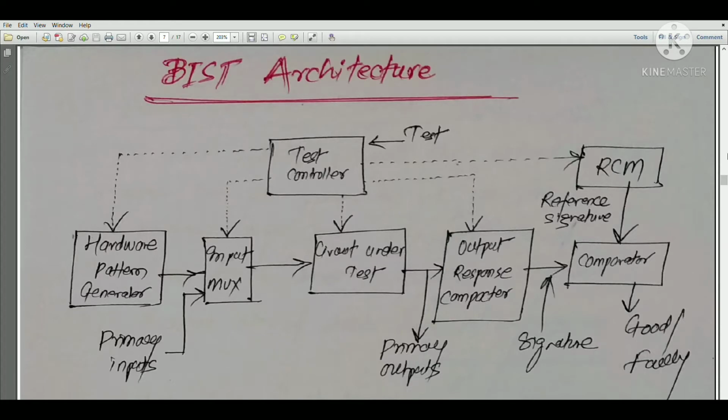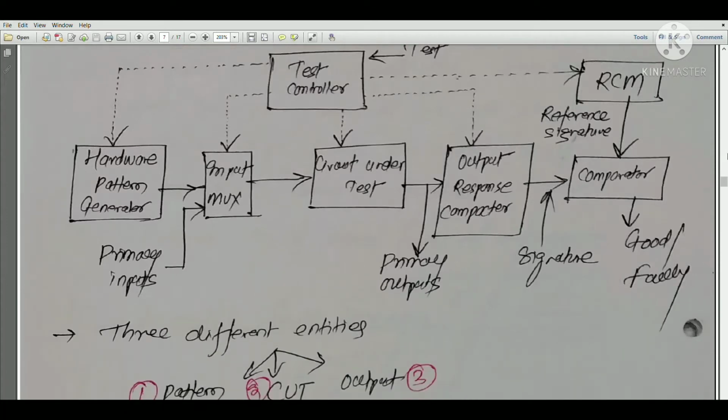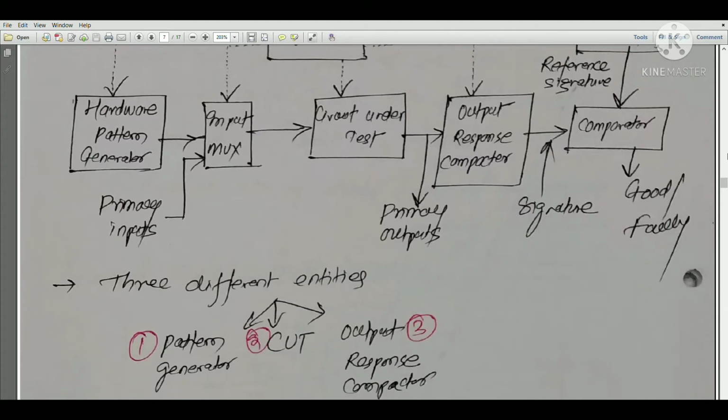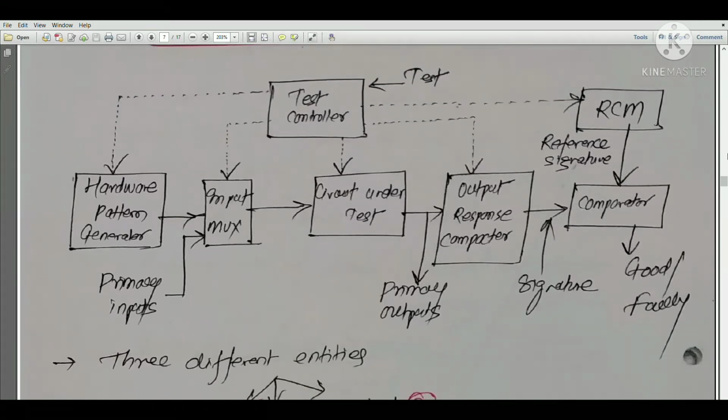So in BIST architecture, you can see the block diagram over here. There are three different entities. First is the pattern generator, second is the CUT, which is the abbreviation for circuit under test, and third is the output response compactor. These are the three main entities.